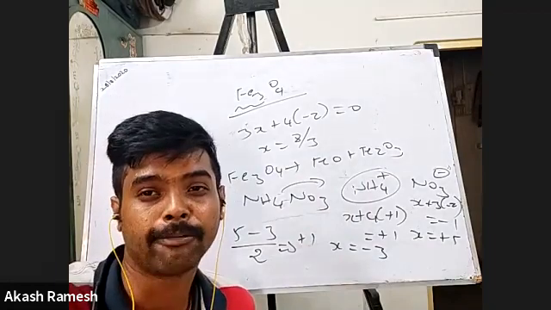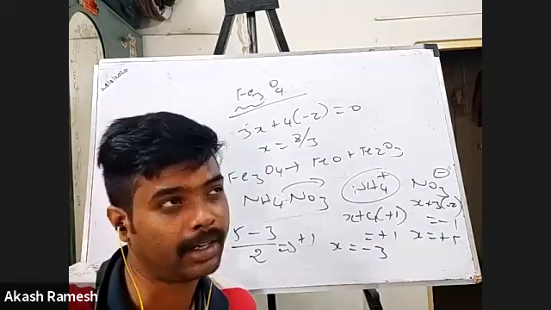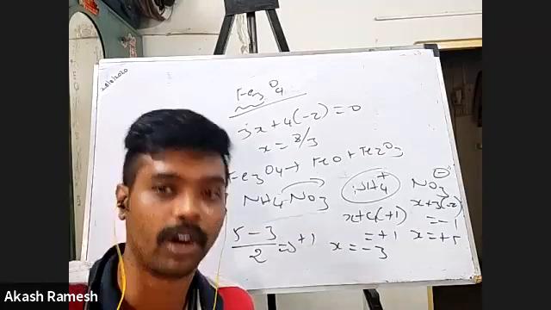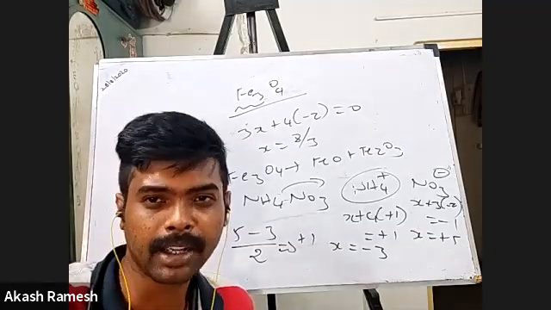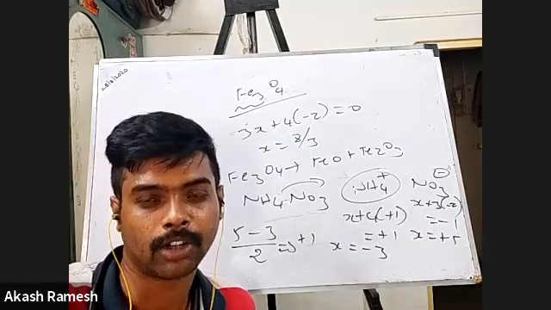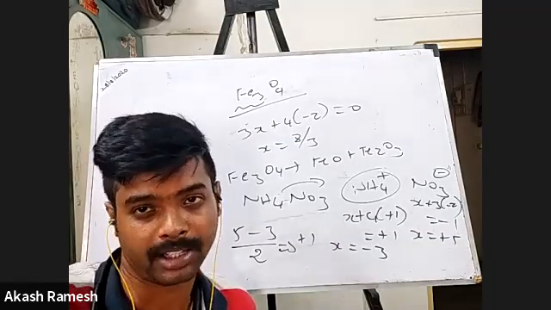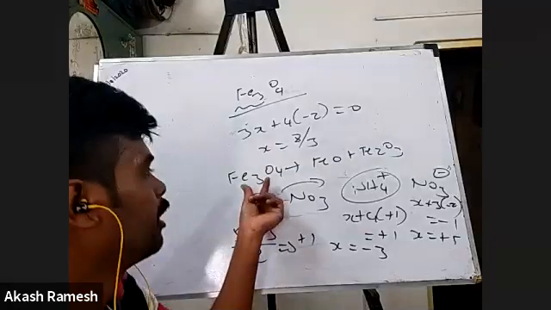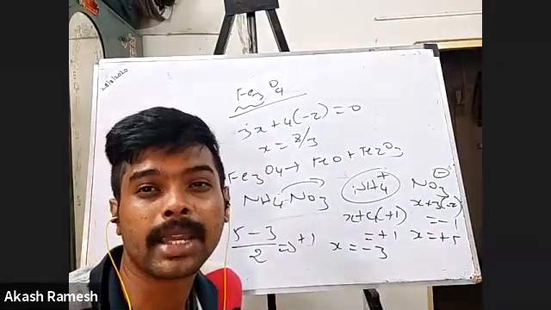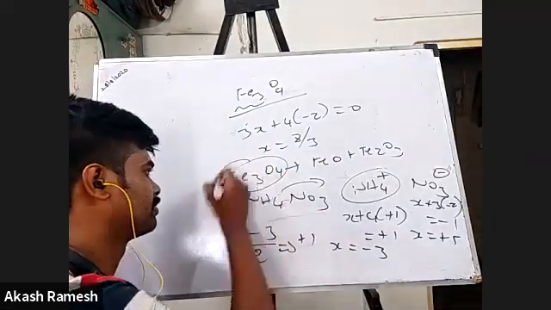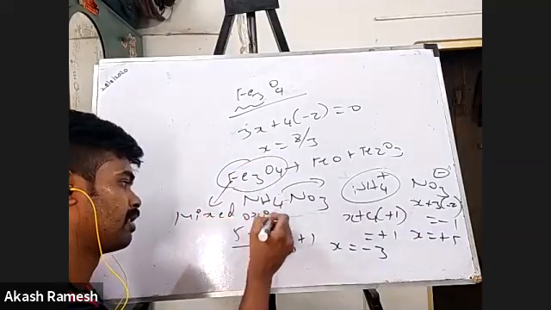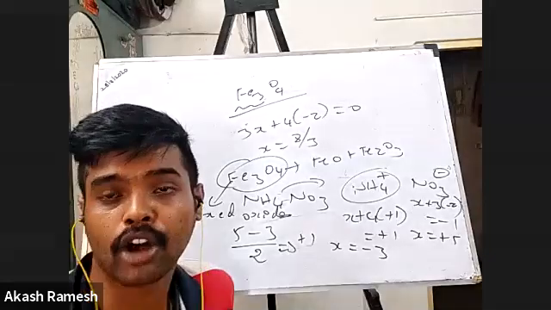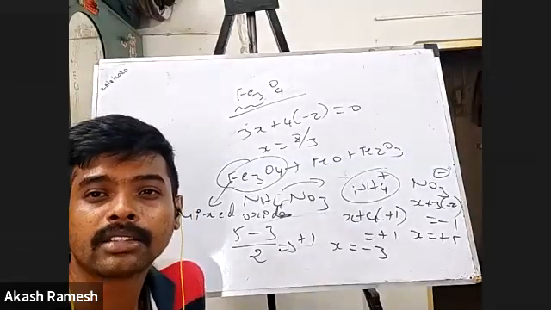Ferrous is for +2, ferric is for +3. These kinds of oxides are called mixed oxides.